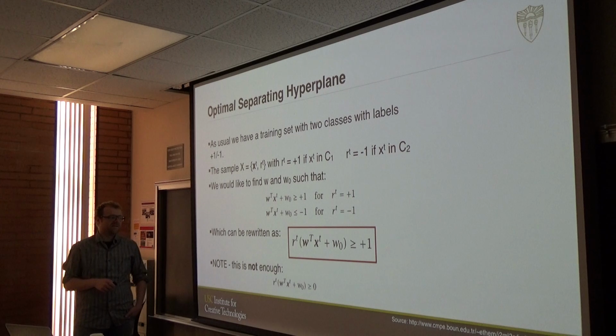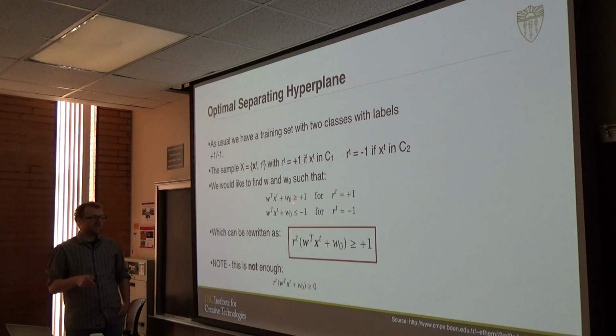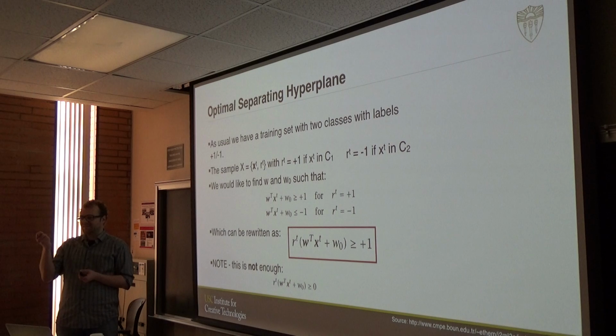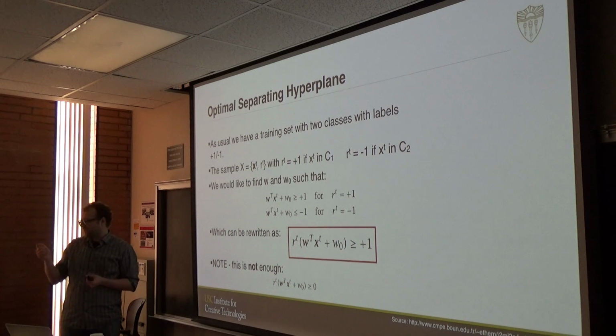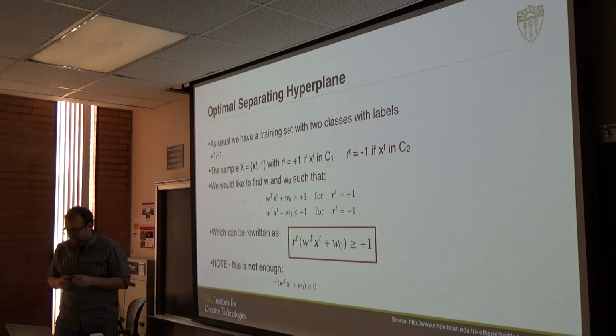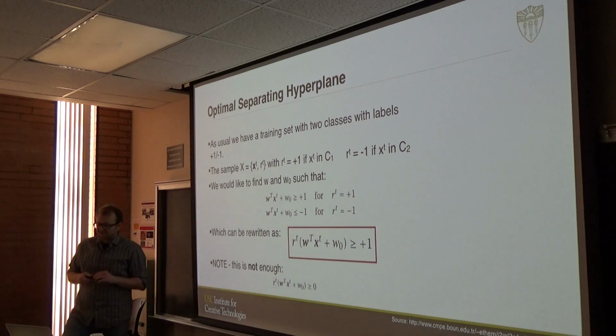Note that there is a +1 and a -1 here and not a 0, right? So it's not enough to say that we're on the right side by just a little bit. We actually want to be on the right side by +1, and this is kind of called, to say that, the hinge loss is similar to that.